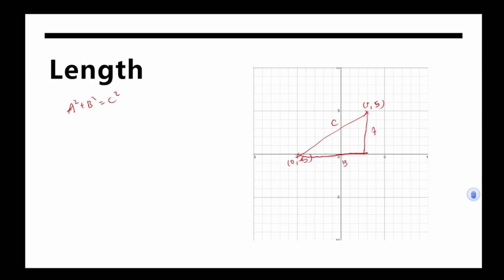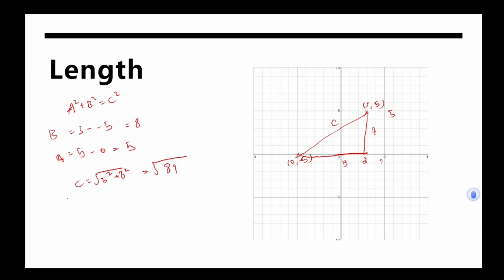So we find the length of B. Here is 3. So length of B equals 3 minus -5, which is 8. Length of A here is 5, here is 0. We'll have 5 minus 0, which is 5. And C equals square root 5 squared plus 8 squared. Sorry, the numbers aren't that good. C would be square root 89.